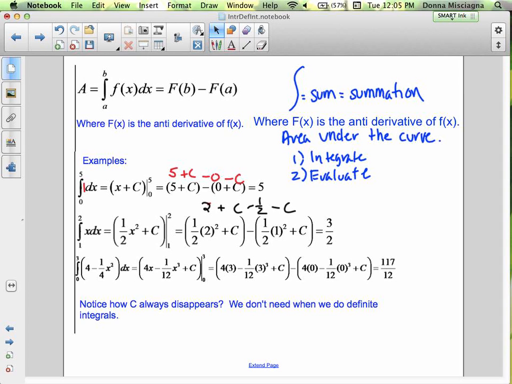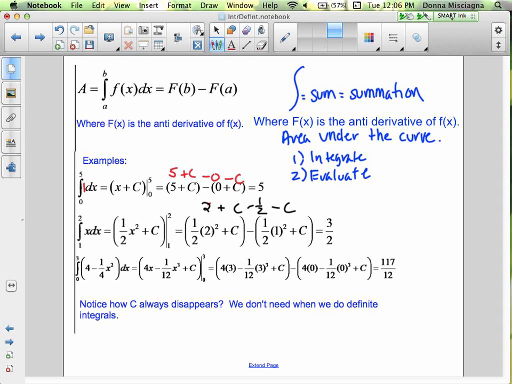And then the last one here, we have the integral of 4 minus 1/4 x squared, evaluated from 0 to 3. Right, so we'll integrate, so the 4 becomes a 4x. The x squared, we increase the exponent by 1, divide by the same thing, so that becomes x cubed times 1/12, right?